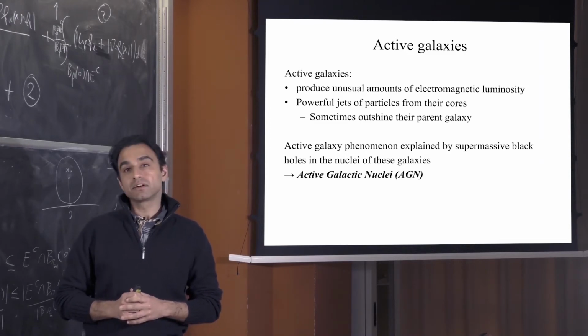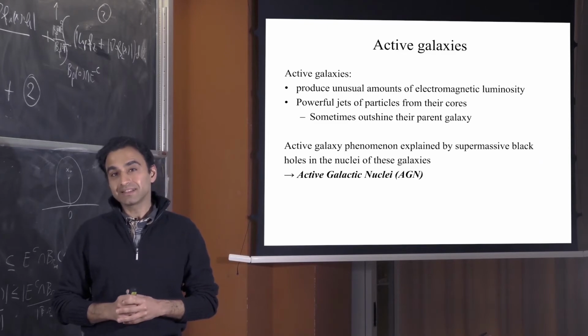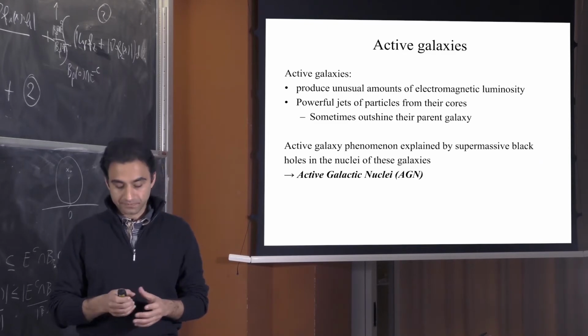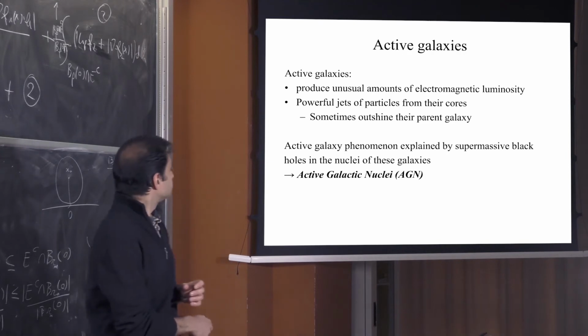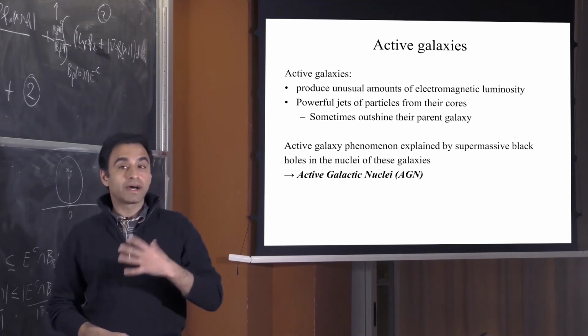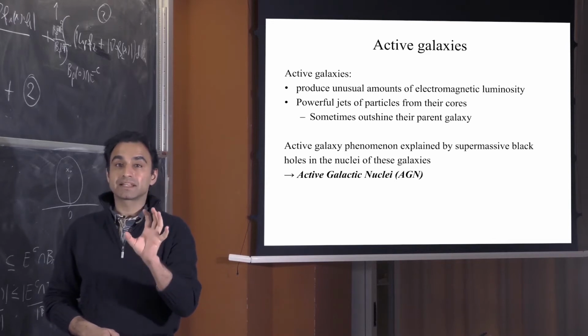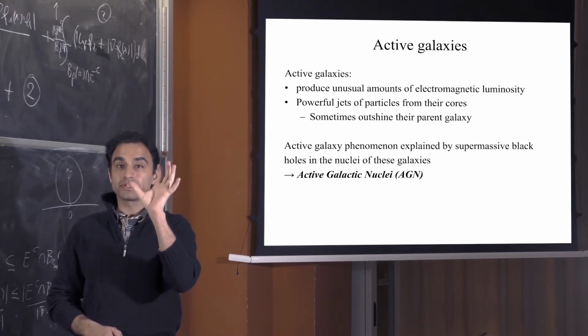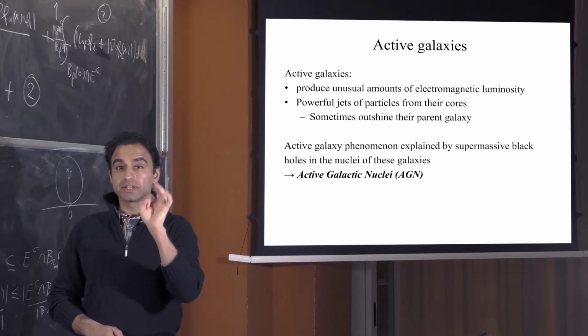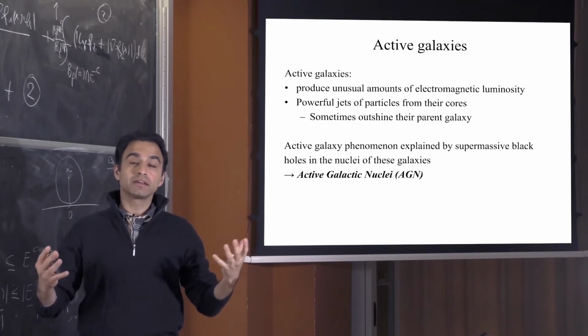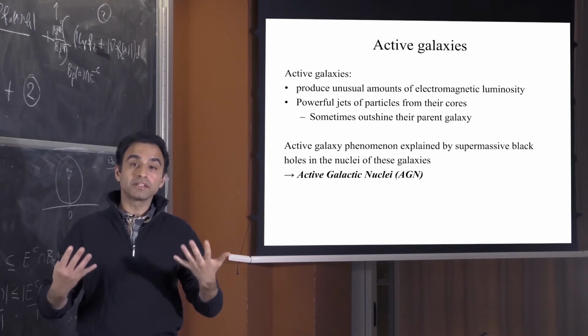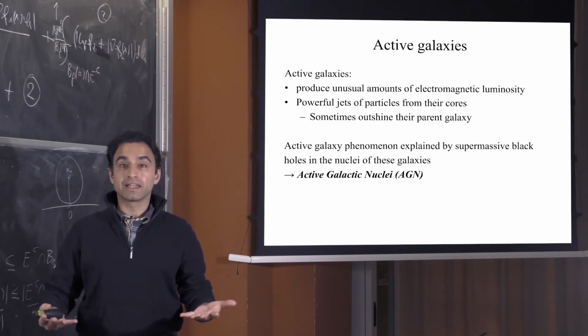More specifically, they're called active galactic nuclei, AGN. Why? Because the nuclei of these galaxies are extremely luminous, so luminous that they can outshine the full integrated luminosity of the underlying galaxy.